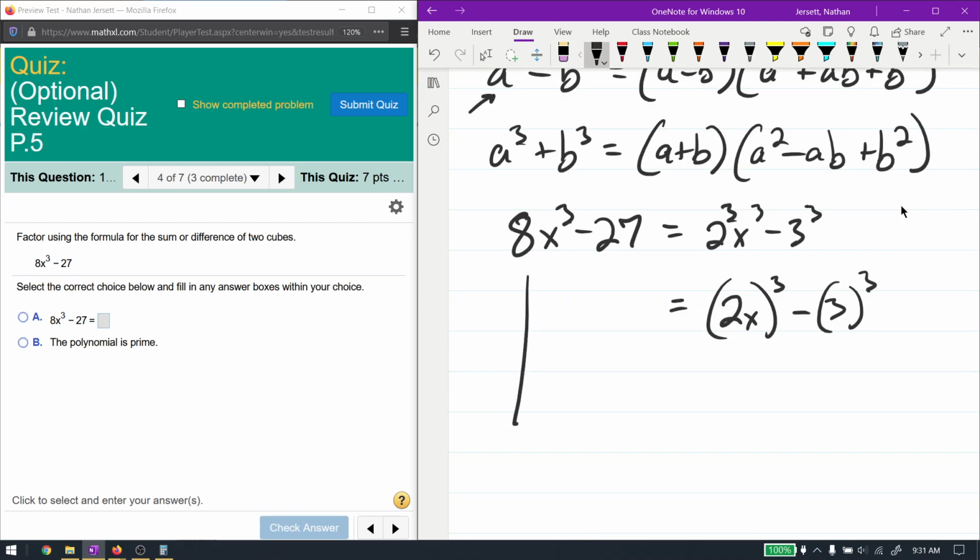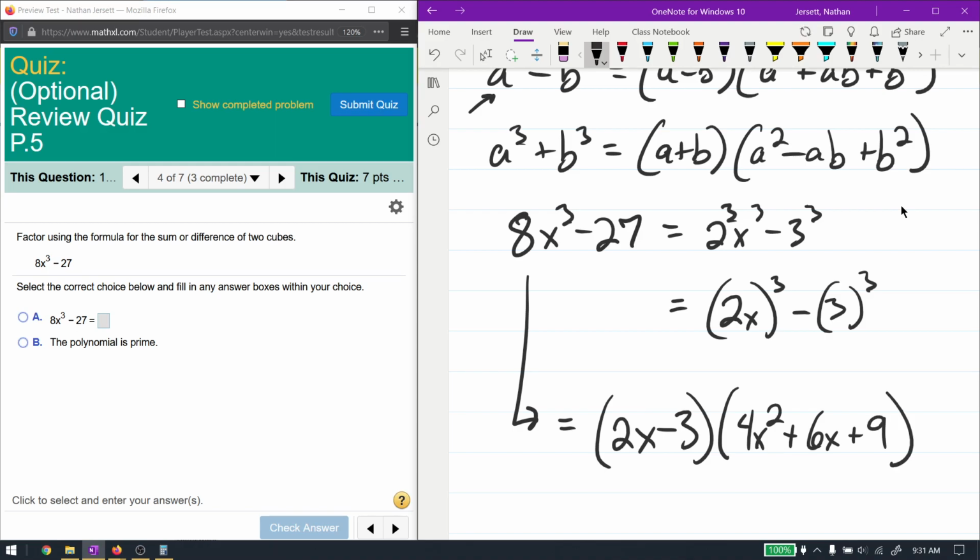So this thing is equal to a minus b, a squared, so 2x times 2x is going to be 4x squared, plus a times b, 2x times 3 is 6x, and then plus b squared. 3 times 3 is 9.